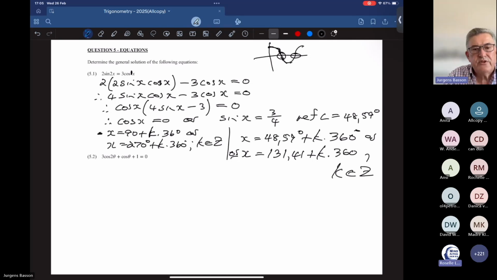What you said, she said if she wrote 90 plus k times 180, 90 plus 180k, be accepted as the only solution for the first part. You see, it will be yes if they give you the same solutions.